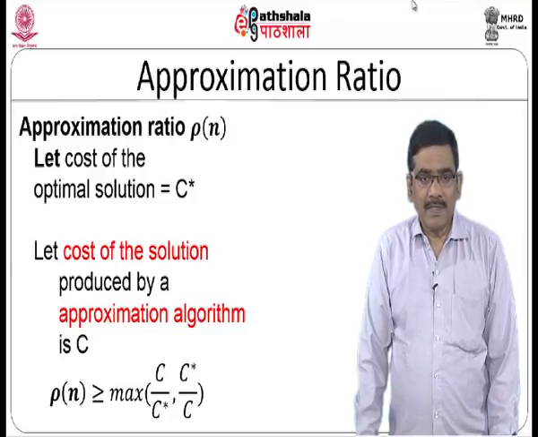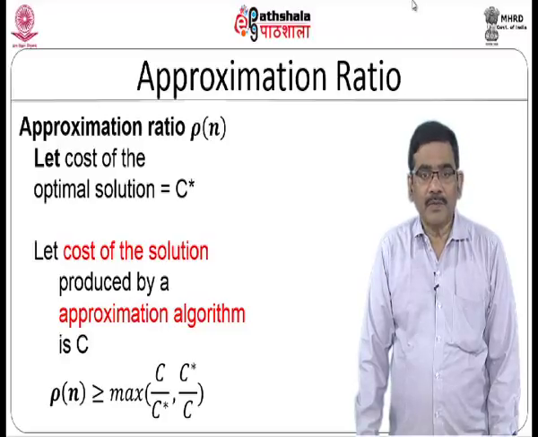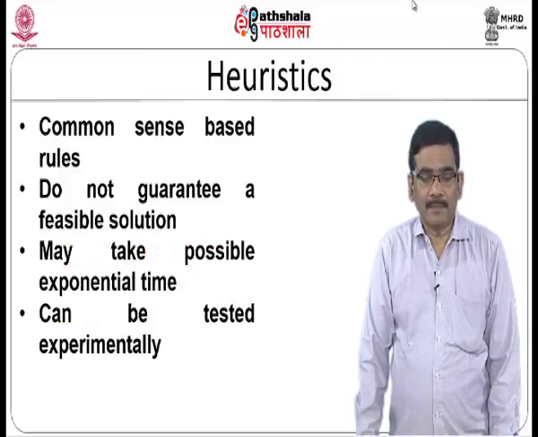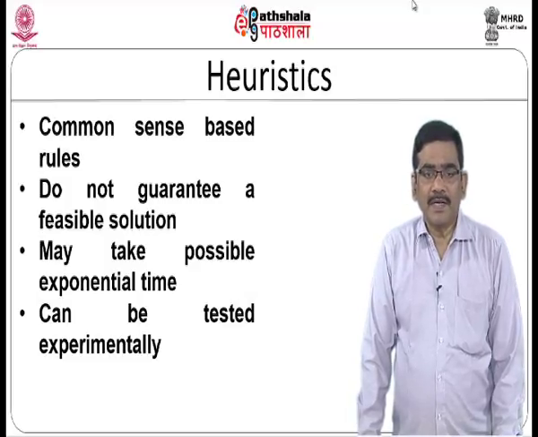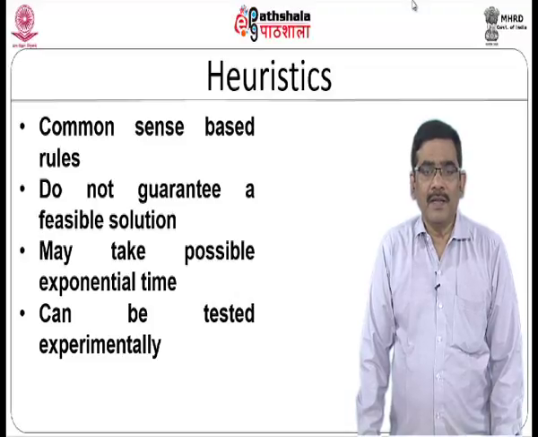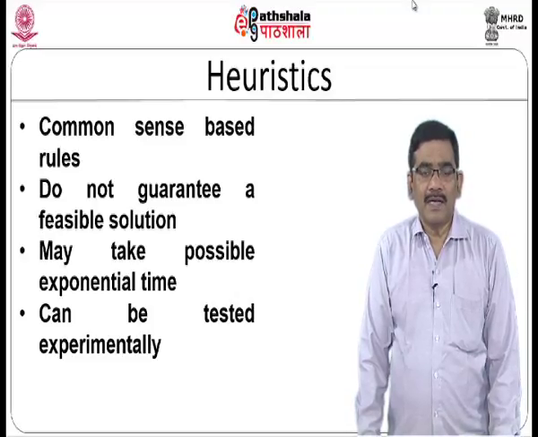That is called the approximation ratio, or rho of n. Algorithms that have an approximation ratio of rho of n are often called rho of n approximation algorithms.